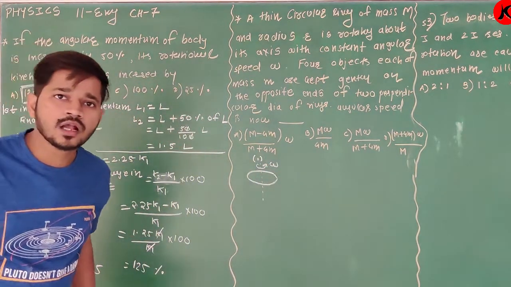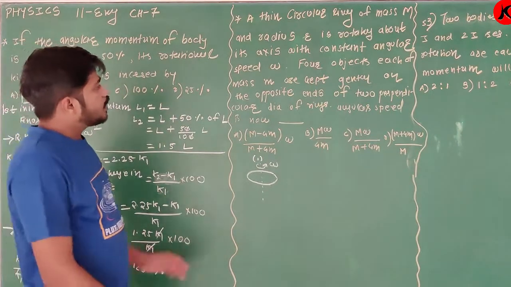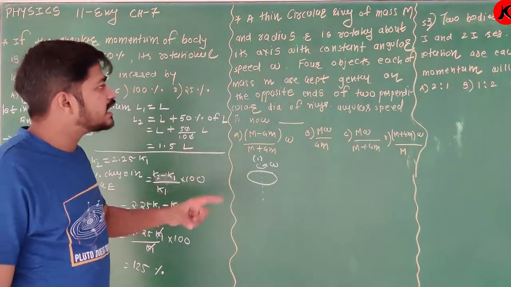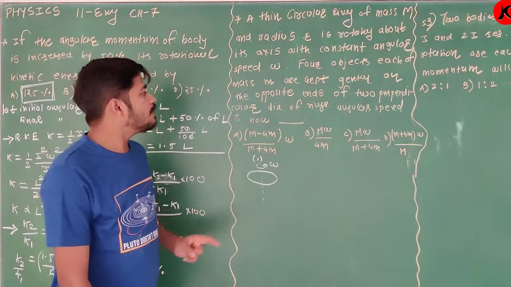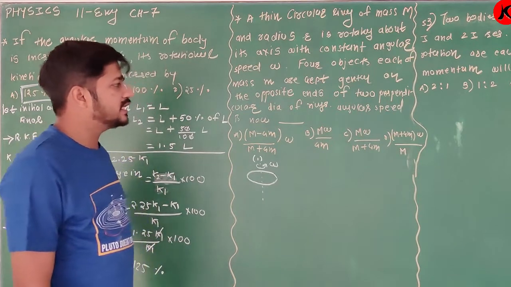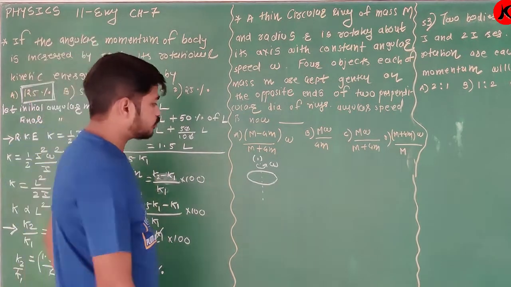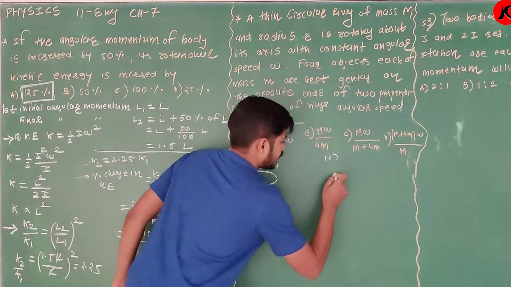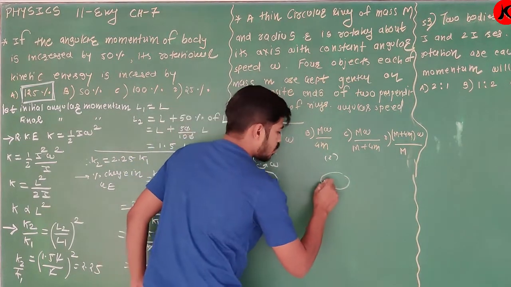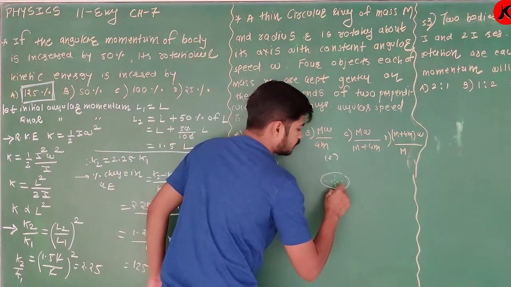Clear? Now, 4 objects each of mass m are kept on the opposite ends of perpendicular diameters of the ring. Now find the angular speed. What is case 2? The same ring, but on 2 diametrically opposite points.